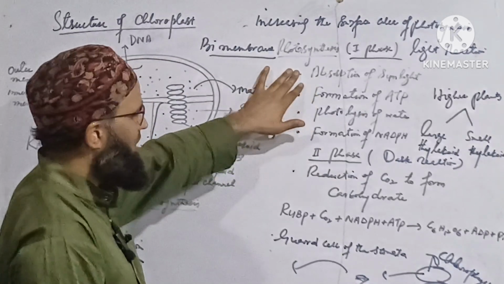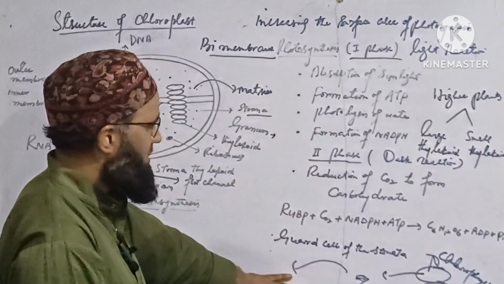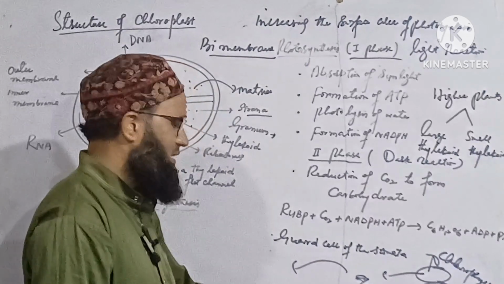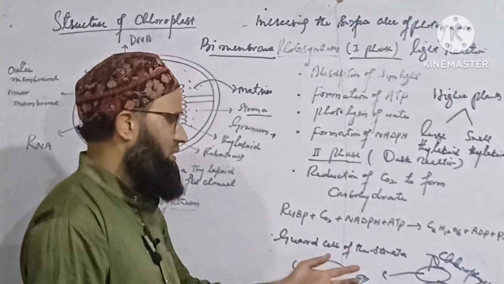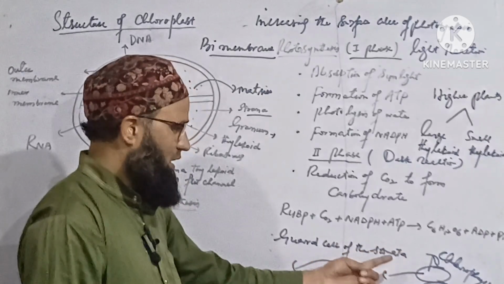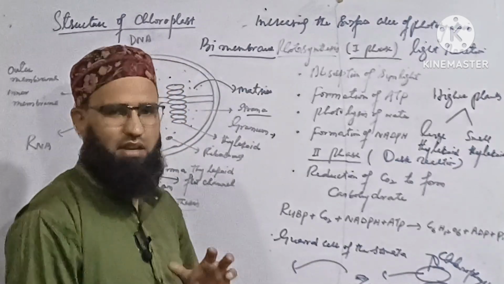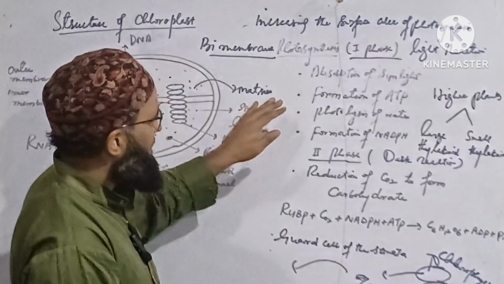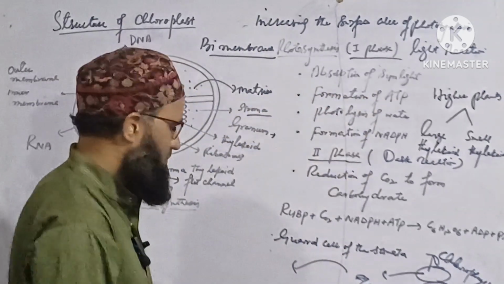In the first step of the first phase of photosynthesis, first of all there is the absorption of light. How does absorption of light take place? With the help of the accessory pigment, the quantum energy of the light is transferred to the chlorophyll, and the chlorophyll gets excited. Then there is the emission of electrons. When there is the emission of electrons, those electrons help in the formation of ATP energy.